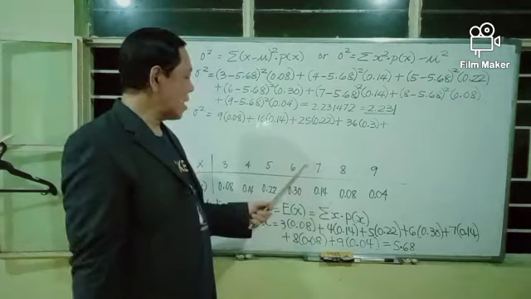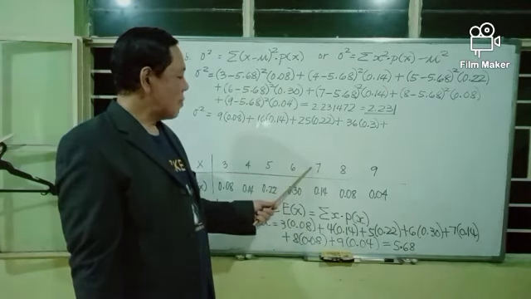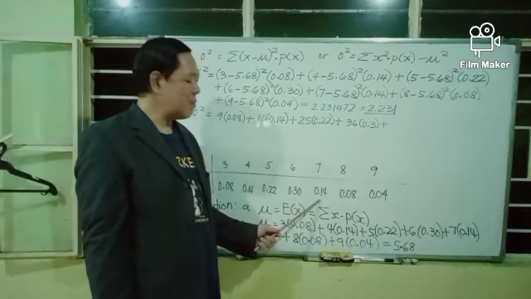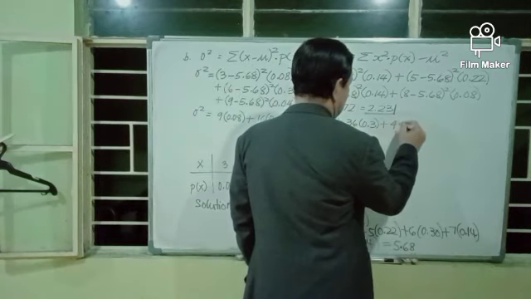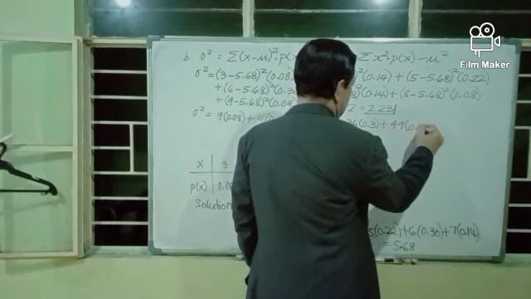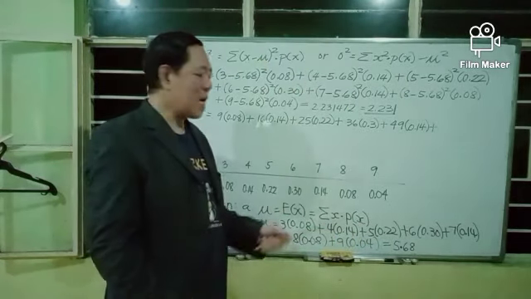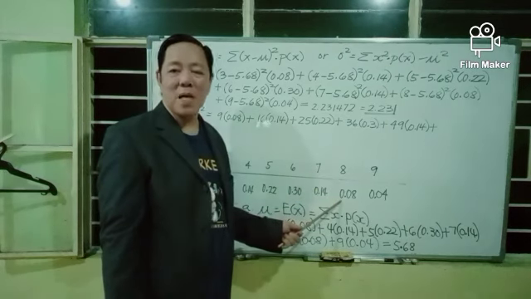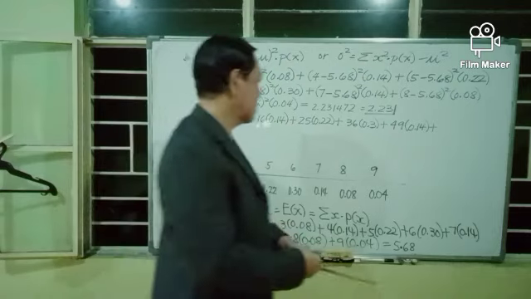Plus the square of the next value of x, 7, is 49, multiplied by the probability of x equals 7, 0.14. The next value of x is 8, and we square it, 64, multiplied by the probability of x equals 8, 0.08.